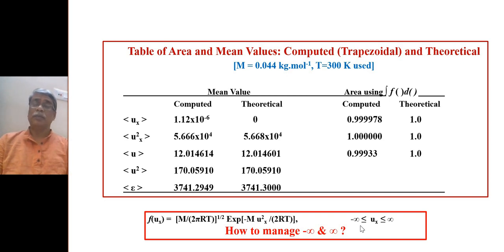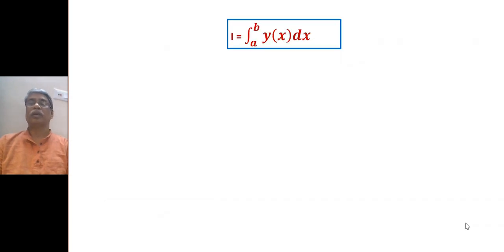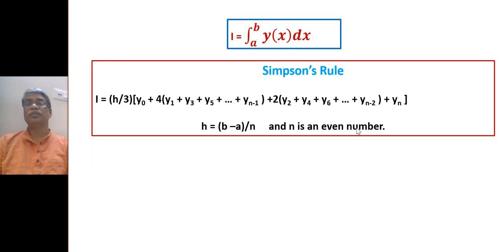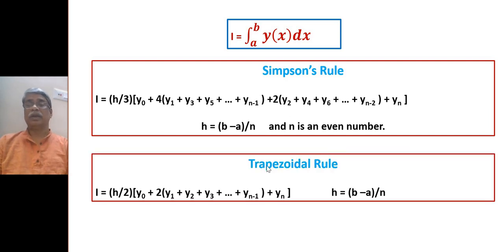So computationally in our program, the question is how to manage plus minus infinity. That's a big question, so we'll come to this point later on. Okay, so the scheme: we will basically be evaluating this kind of integral, and the Simpson rule, as I've already mentioned in the first lecture, translates to this formula, and the trapezoidal is very close to this other formula.